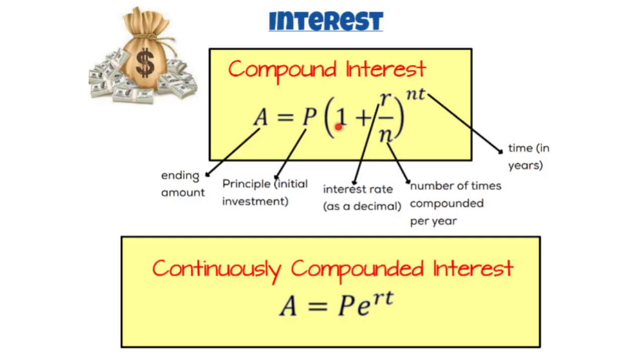All right, then you always have a 1 plus r. This is your interest rate written as a decimal. Now the interest rate is always going to be an annual interest rate. They always advertise it, oh, it's a 4.5 APR. APR is an annual percentage rate. And so you'll always put that right here, but you'll change it to a decimal instead of a percent. All right. n is going to be the number of times compounded per year.